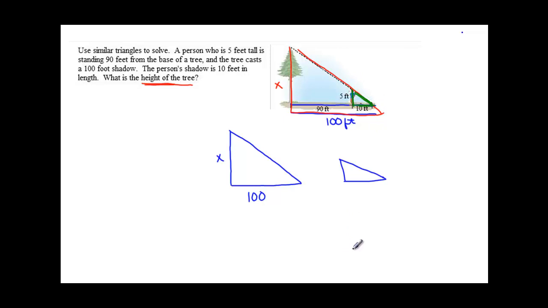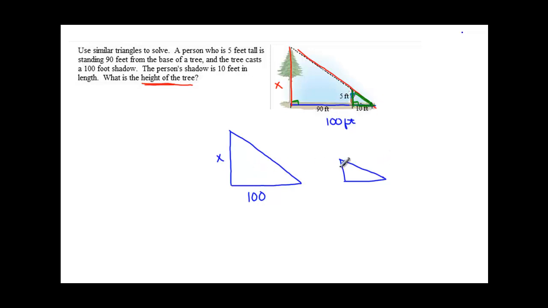Okay. And we know that these are similar triangles for a couple of reasons. I'm going to erase this to make it a little more clear. But first of all, this angle is 90 degrees, this angle is 90 degrees, and then they have another pair of corresponding angles because this is exactly the same angle.